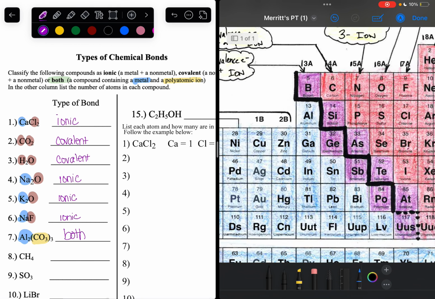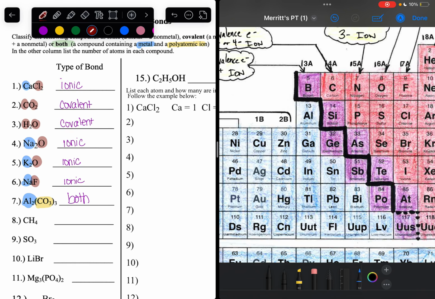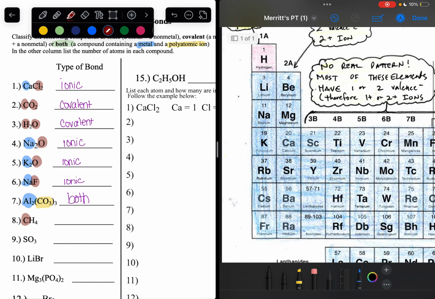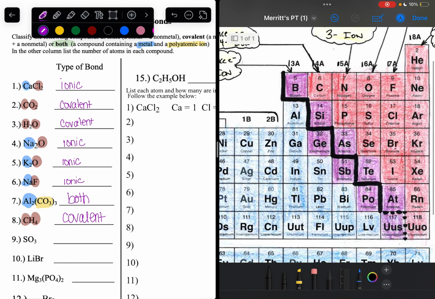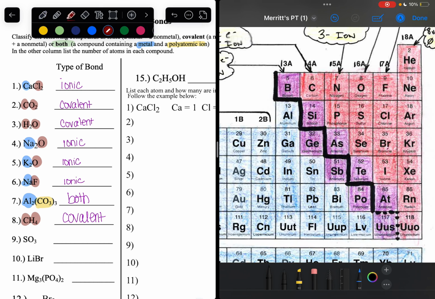All right, I have carbon, which is a nonmetal, and I have hydrogen, which is a nonmetal. So two nonmetals together, this one is covalent. S is sulfur. That is a nonmetal.